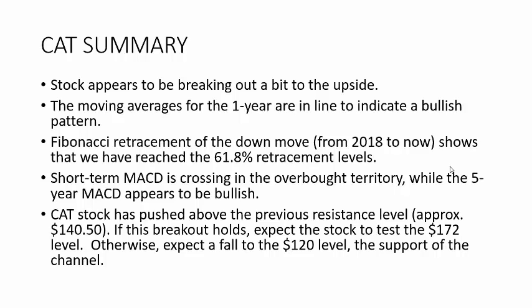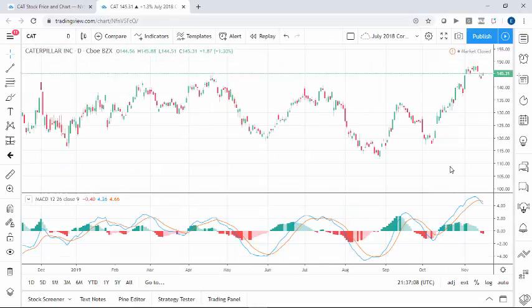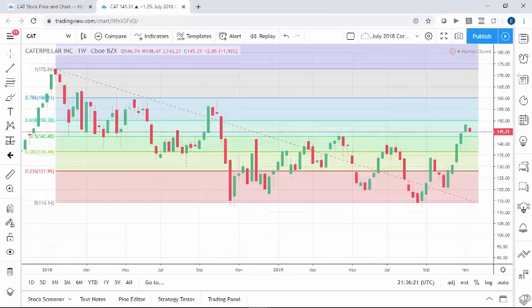In fact, we can go back there now. So that 172 would be that actual 100%. So if we can push higher than this 61.8 and really get some momentum going, I would expect us to retest this top that we saw back in 2018.